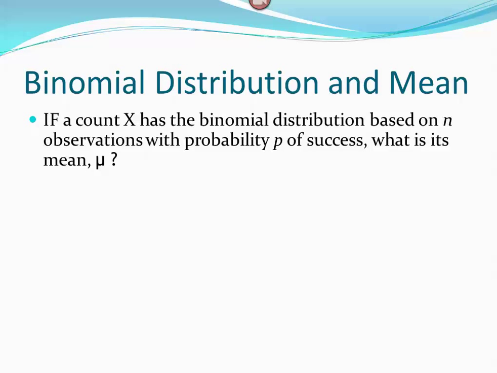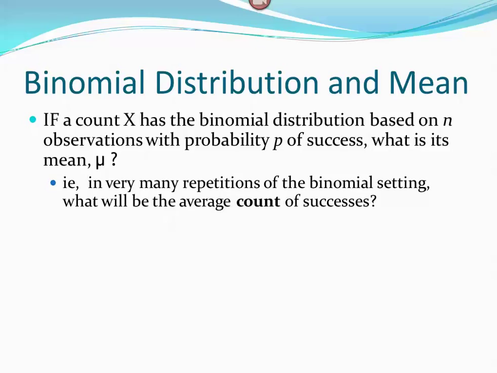And so when we talk about the mean, what we're talking about is we continue to repeat this experiment over and over again. What is going to be the average number or the average count of successes every time we repeat it a certain number of times?